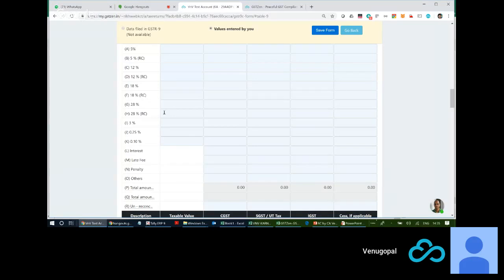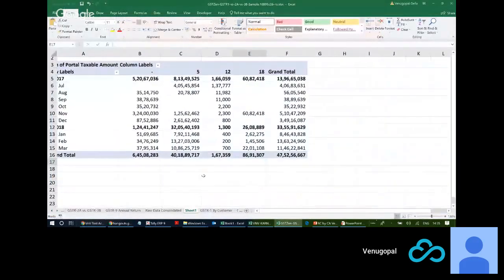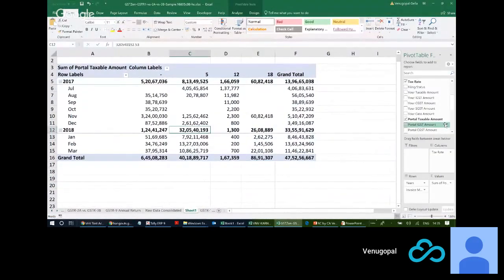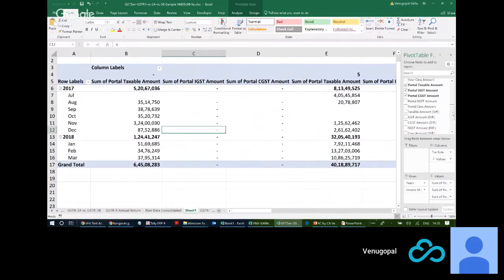So how do we fill the taxable value, CGST, SGST, IGST? This can easily be extracted from what we have done here. This is not just the turnover; you can fetch the IGST amount rate-wise, CGST, SGST, and the cess can be obtained rate-wise.